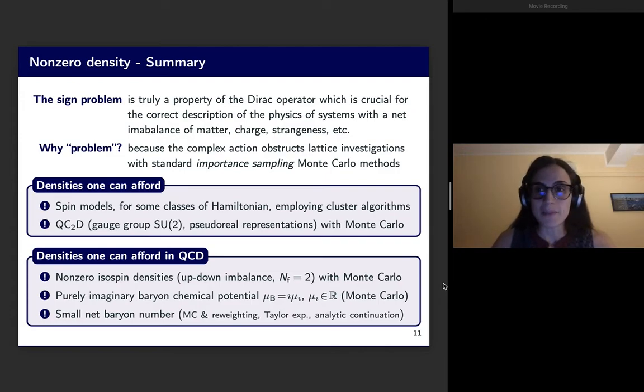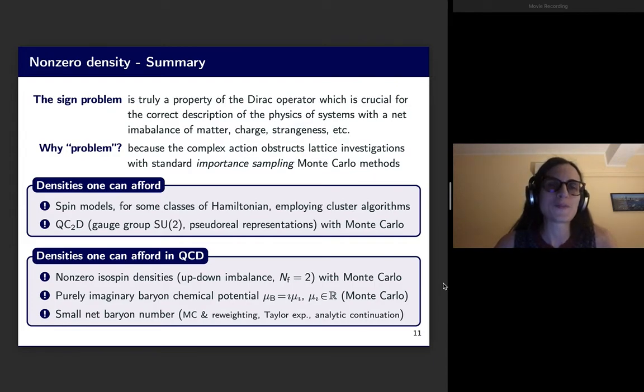So we are at the summary of this first video about non-zero density QCD from a lattice perspective. We have discussed that the sign problem is truly a property of the Dirac operator, which is crucial for the correct description of the physics of systems that are characterized by a net imbalance of matter, charge, strangeness, and whatnot.